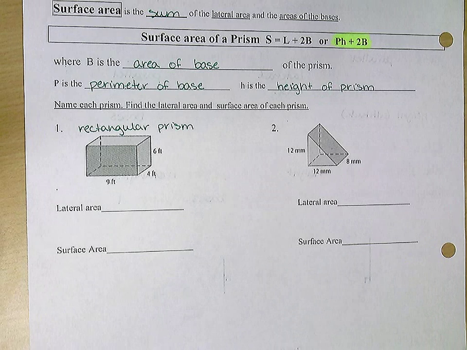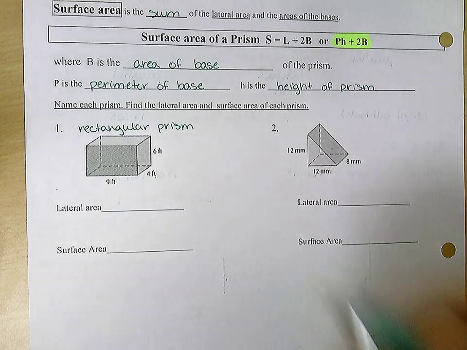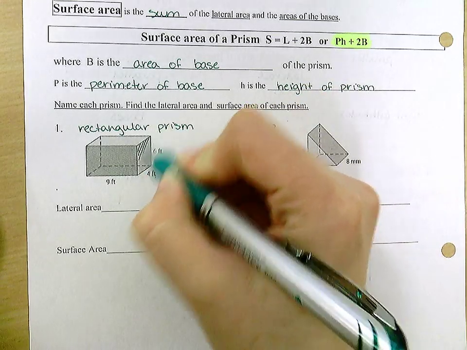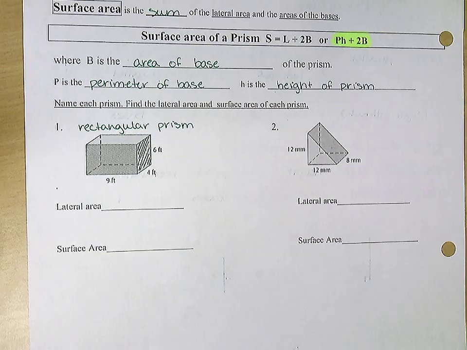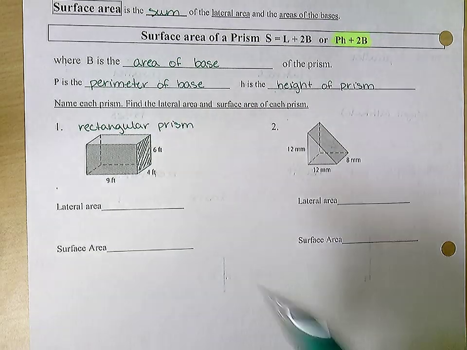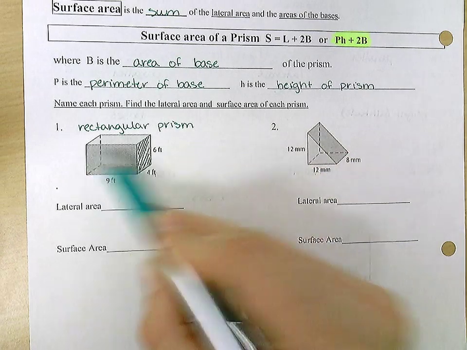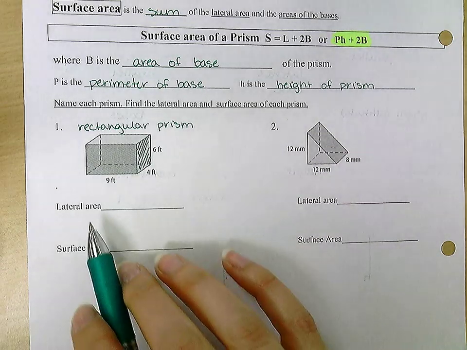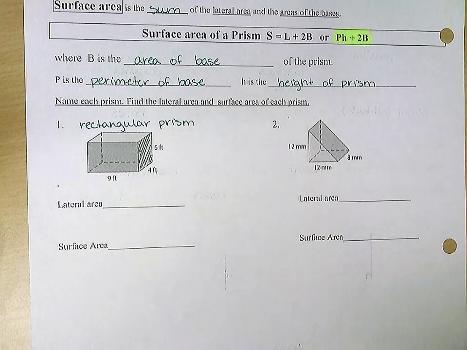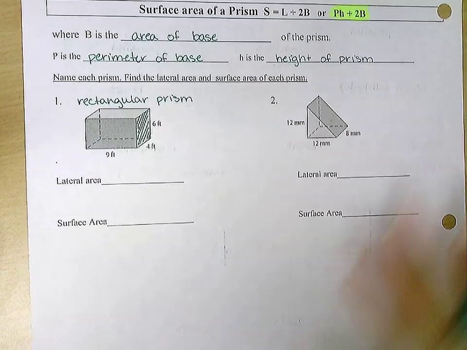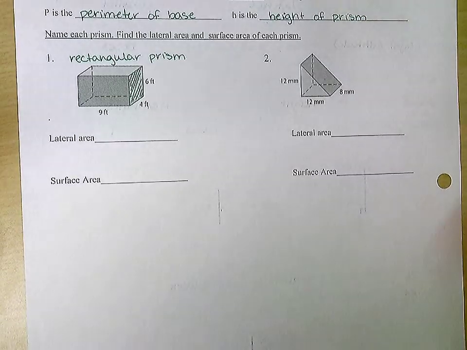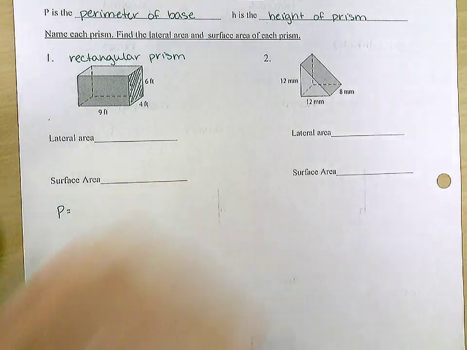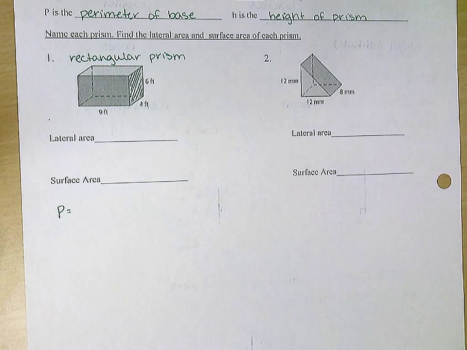So when you have a rectangular prism, you can choose your bases. For this one, I'm going to choose this side as my base. Your bases have to be parallel to each other and congruent, so I'm just using those two there. In order to find lateral area, I need to find P and H. First I'm going to find P, and again, P is the perimeter of the base.